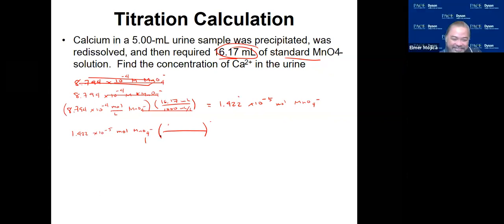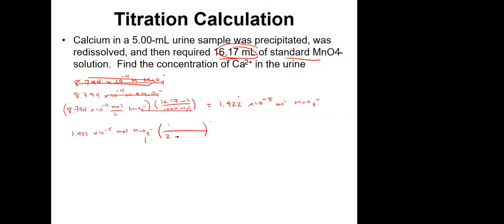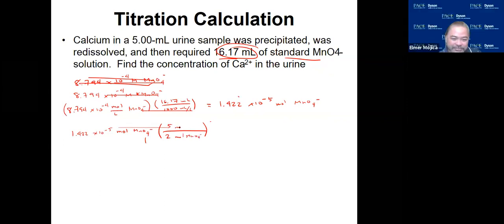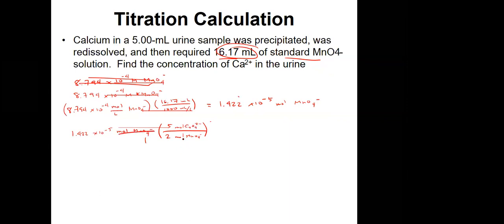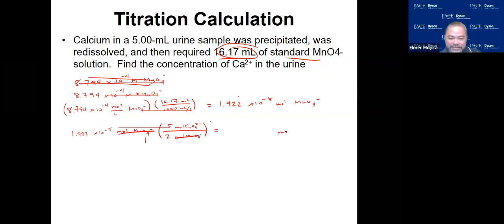Okay. Since you have here 2 moles of MnO4 for every 5 moles of C2O4 2 minus, yeah, and then the second part of it would be 1/1 because of the coefficients. So whatever you get here as the moles of your C2O4 2 minus, that's also the moles of your calcium.